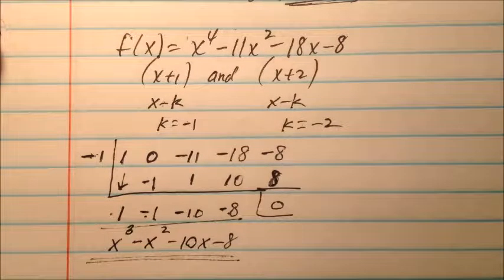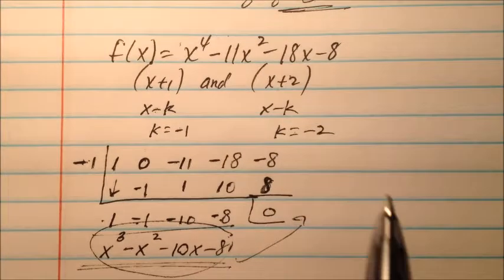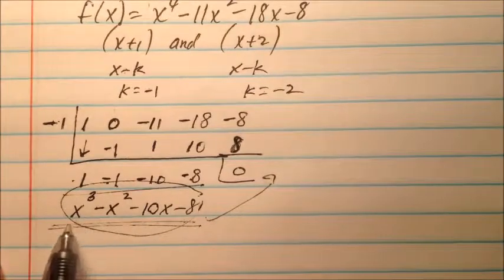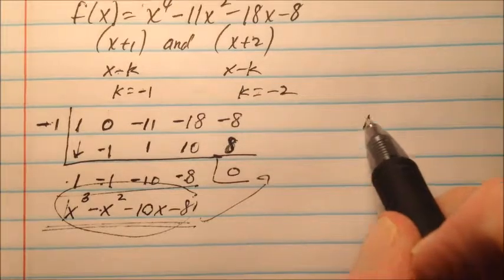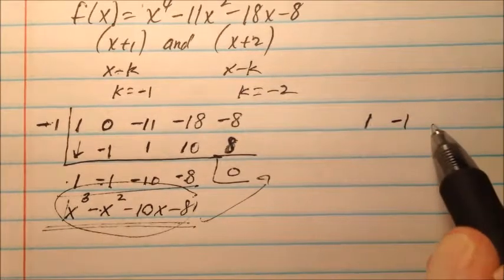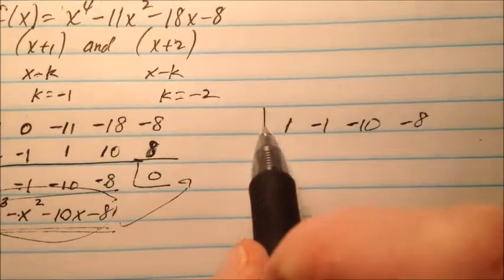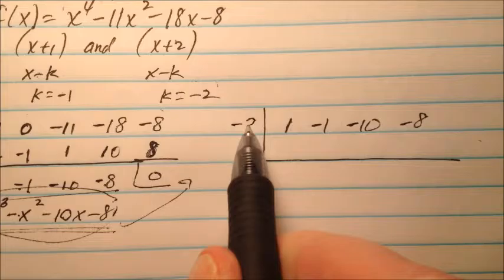Well, let's go ahead and take this guy now and put him up here and divide by the x plus 2. So I can take my coefficients again right here: 1, negative 1, negative 10, and negative 8. And that's going to be divided this time by my k value, which was negative 2.